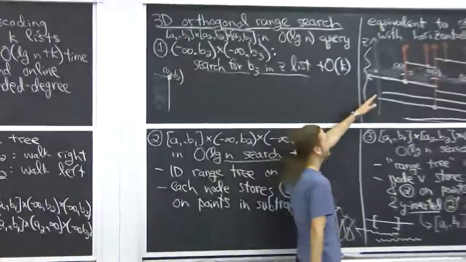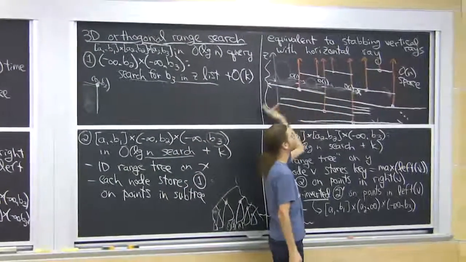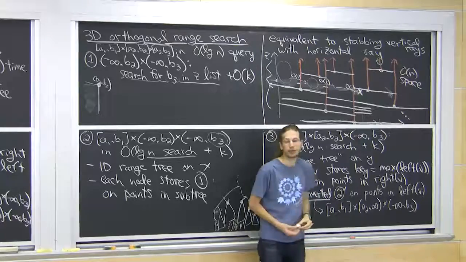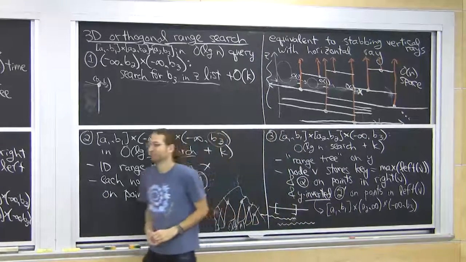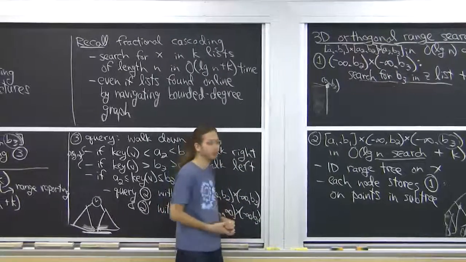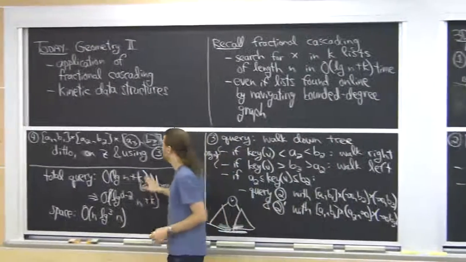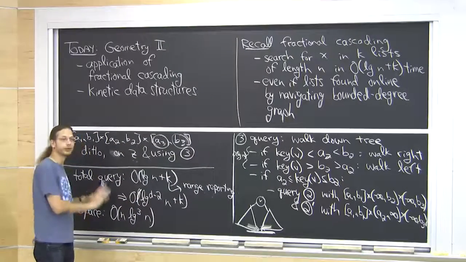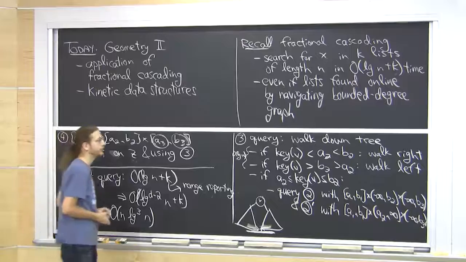In particular, our seed data structure up here had to pay for everything. It doesn't know how many times it's going to have to walk to the right. It's got to actually do it. So range counting, not so much. Our previous data structures could do range counting without the plus k, just paying log to the d minus 1. But this is just for range reporting. Good question.